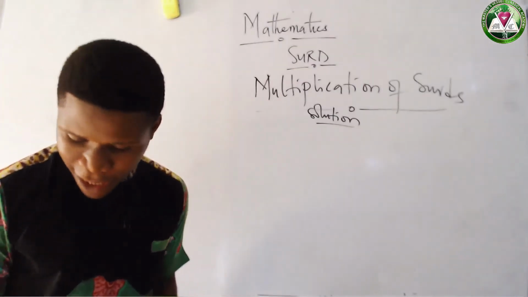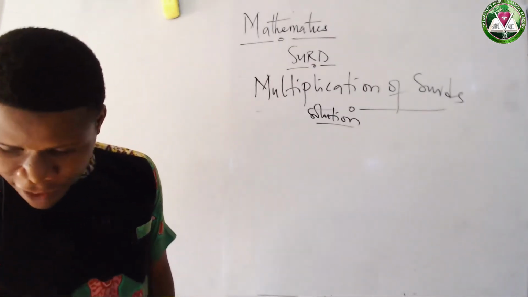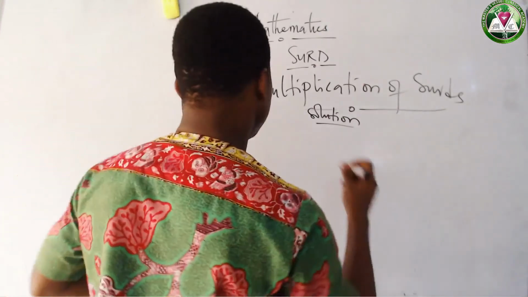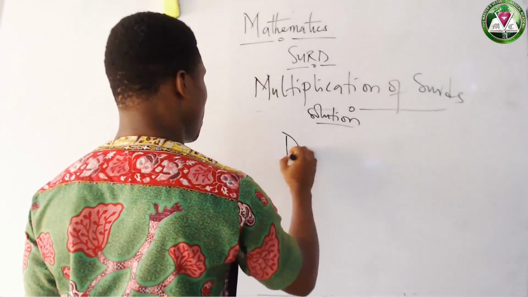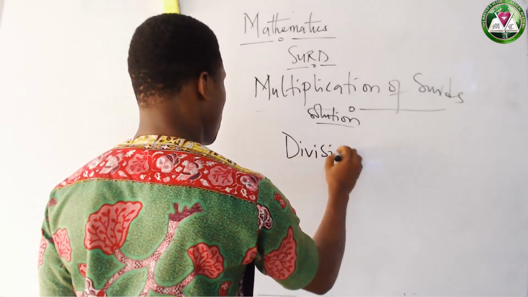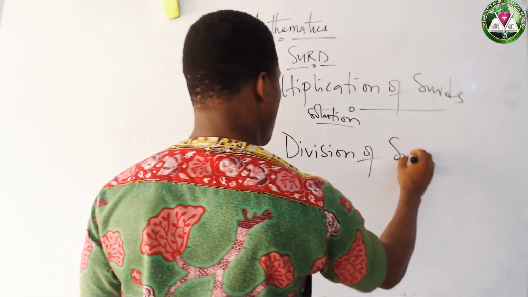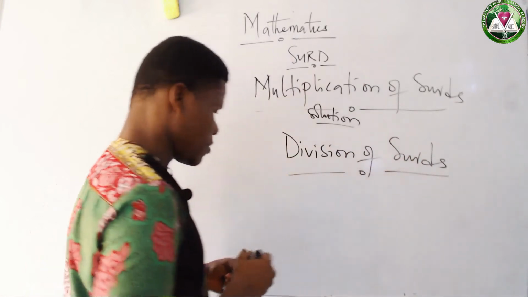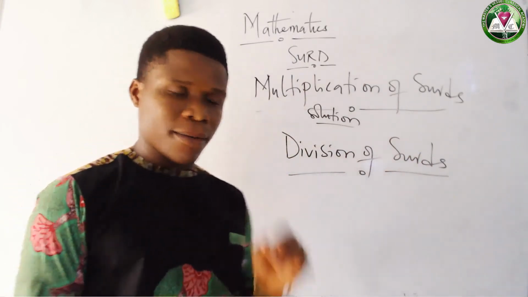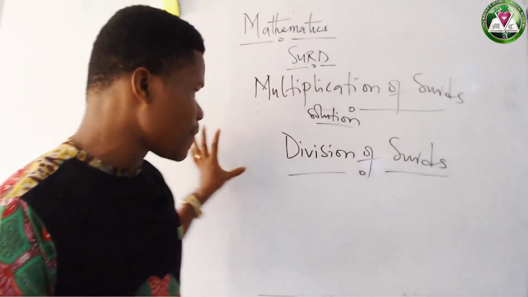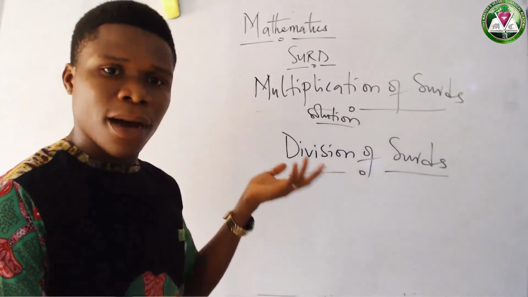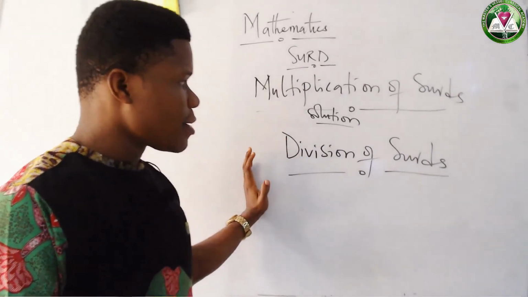Now, finally, the last part of this, we look at division of surds. In dividing surds, this will probably lead us to conjugates and rationalization.